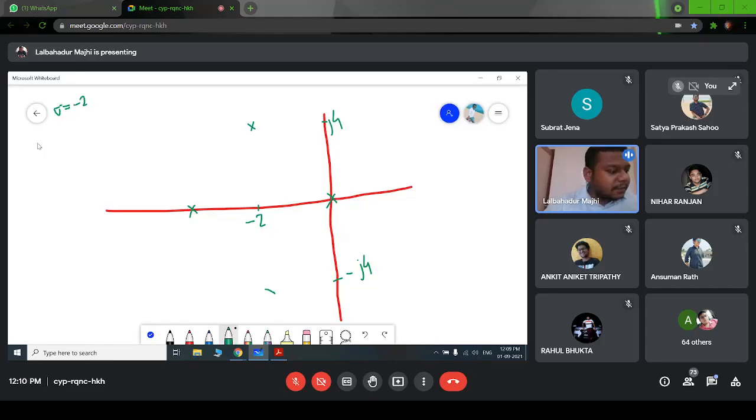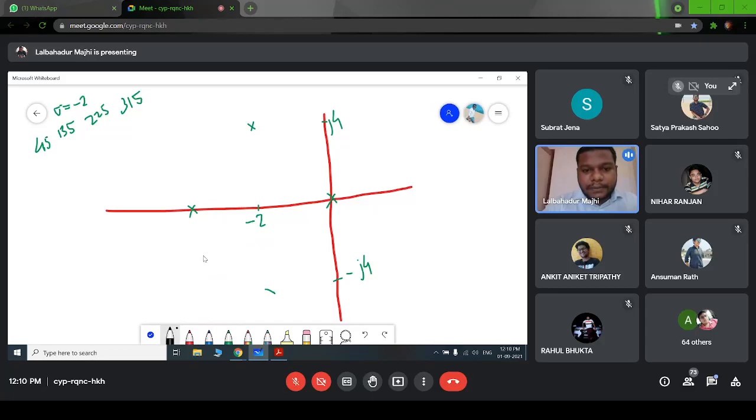Similarly, the angles of asymptotes will be 45, then 135, then 225, and then 315. These will be the angles of asymptotes. The centroid is minus 2, so we have to draw these four asymptotes from this centroid at minus 2.